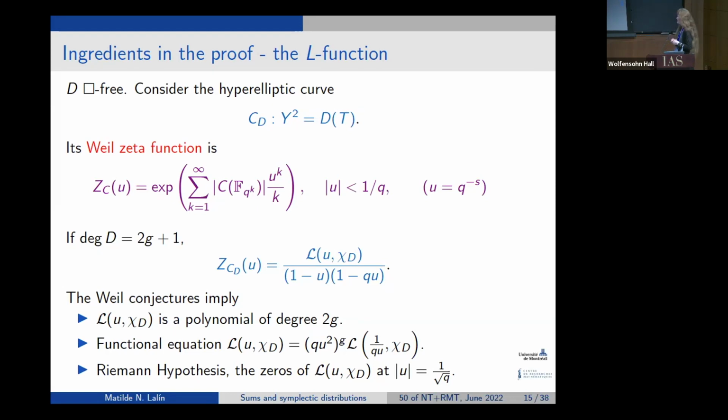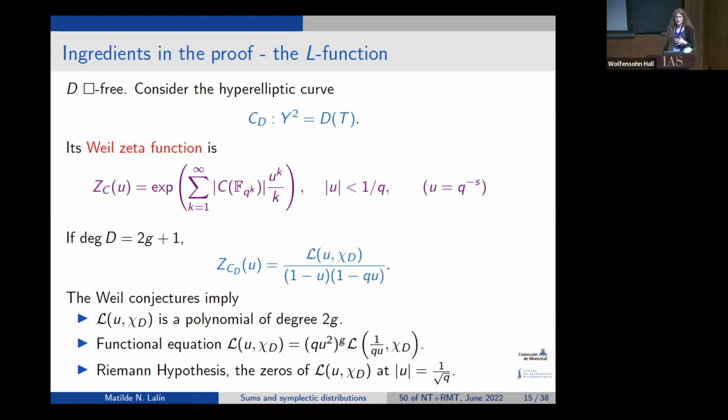And one thing I wanted to mention also is that this curve is a particular model for a curve, and it has genus g. So this 2g plus 1, the g is coming from the genus.